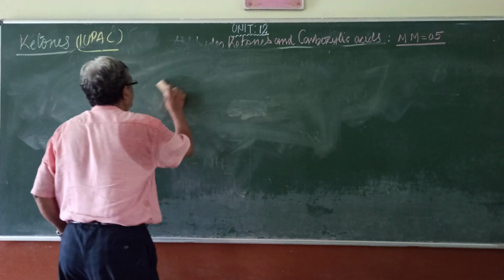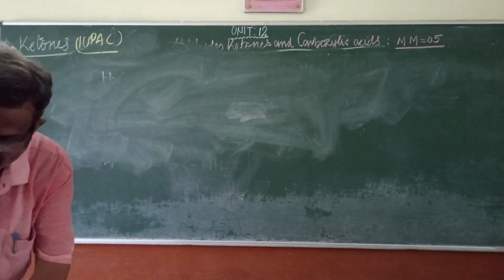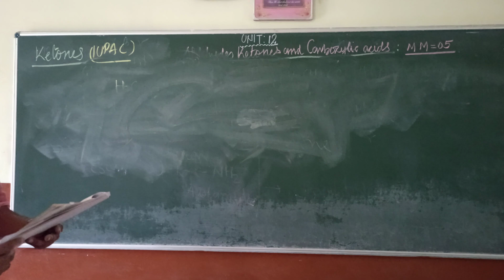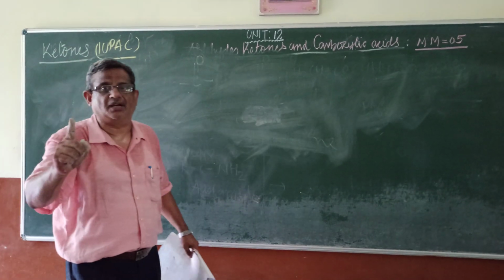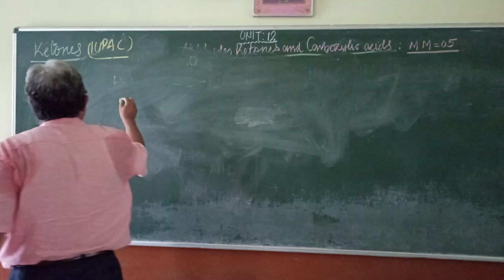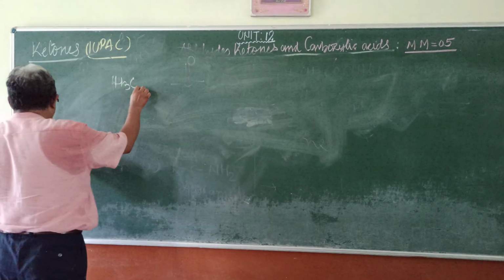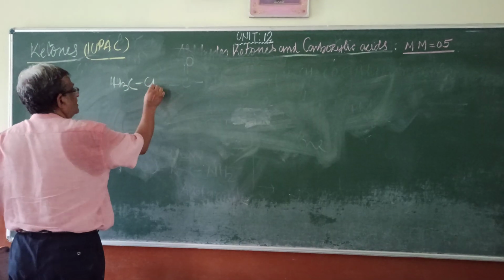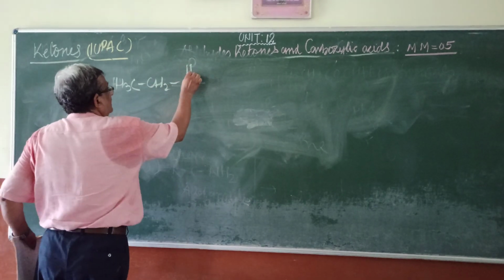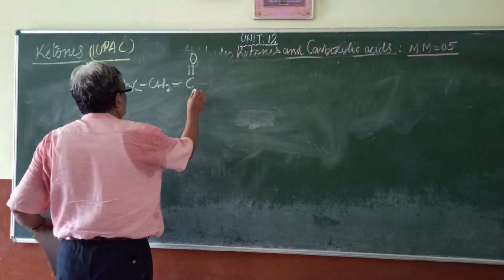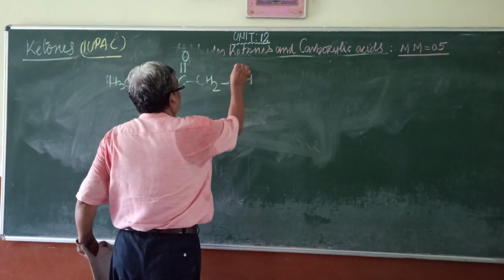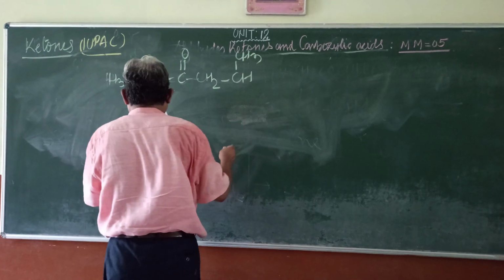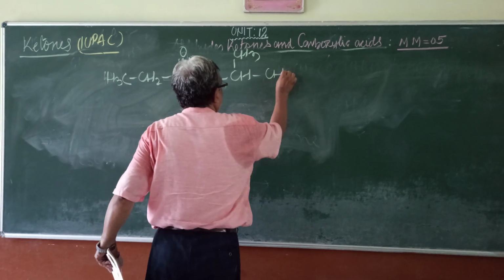One more example I will give you. Please follow me very carefully. The next example is CH3. I'm writing a long structure. Be careful here. This is your CH3 and then CH2, C double bond O, CH2, CH, CH3 and CHO.